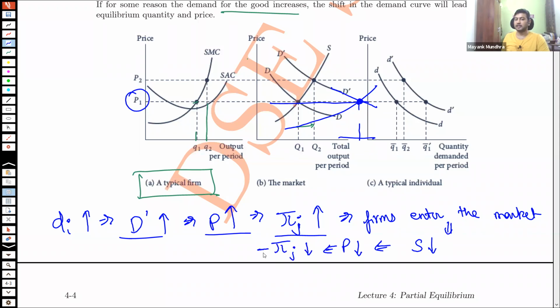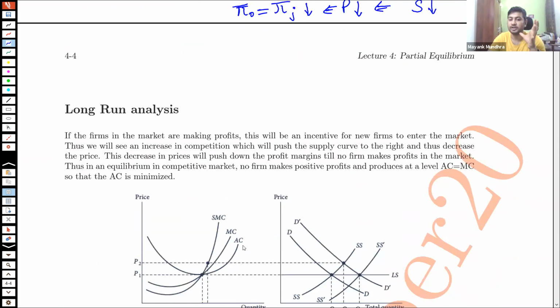And in fact, in equilibrium, it will get back to the initial level pi naught. Now, what is this pi naught? Pi naught is the level of profit at which no extra firms enter the market. That is the equilibrium profit level, which is what we call the long run equilibrium.